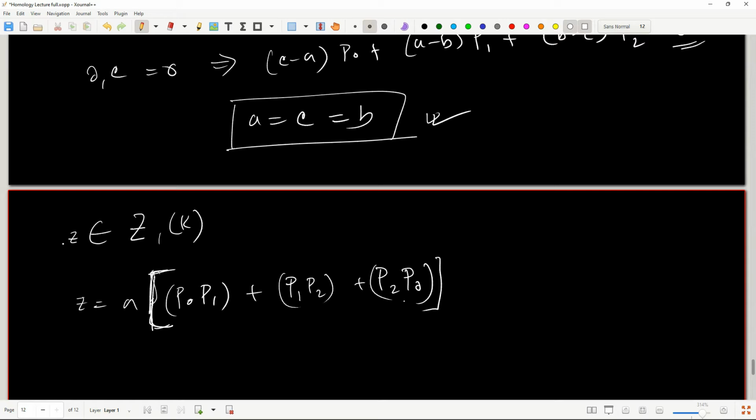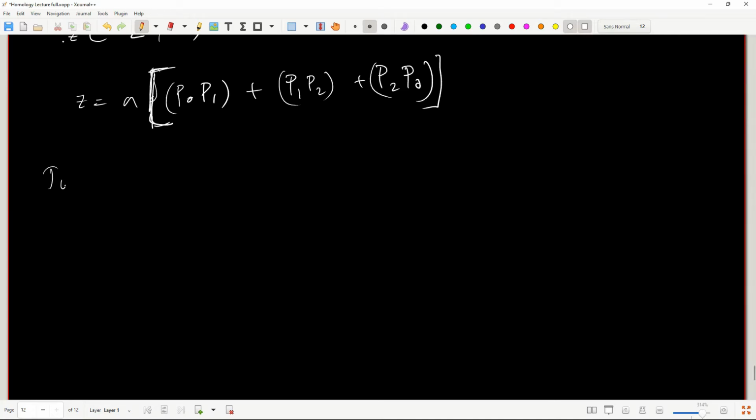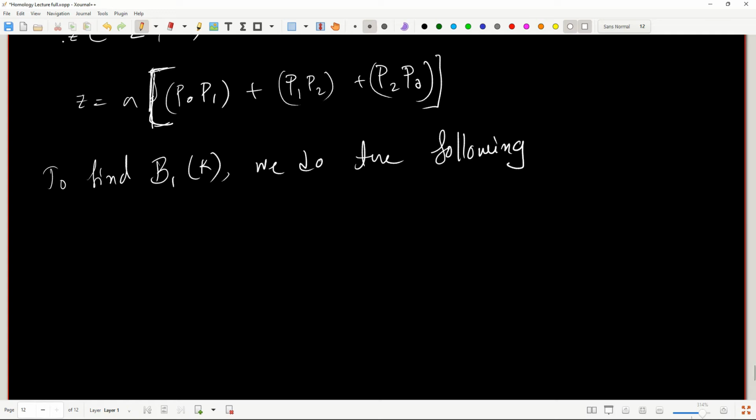Now the final element of the recipe, that is the boundary group. To find b1, we do the following. To find b1, we need to have a 2 simplex, right?